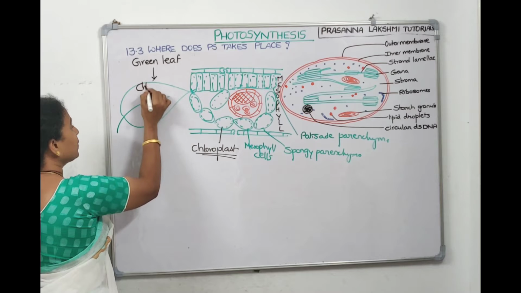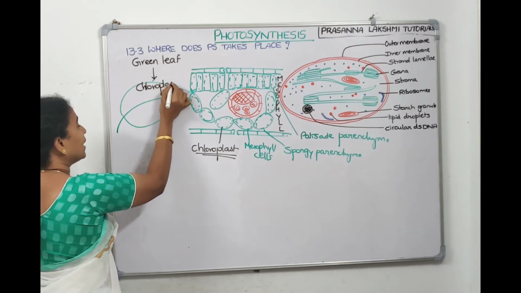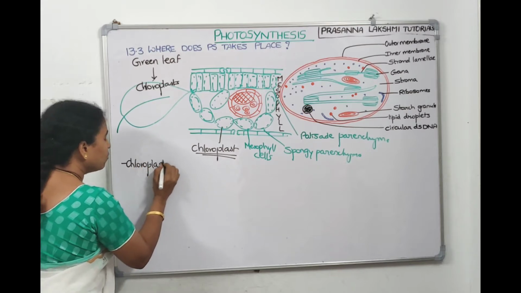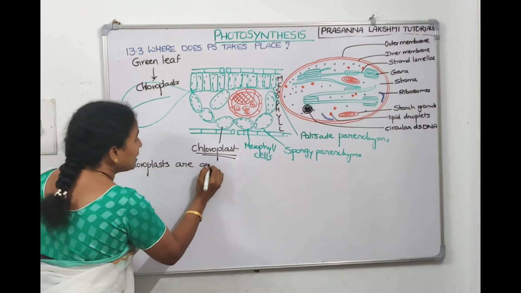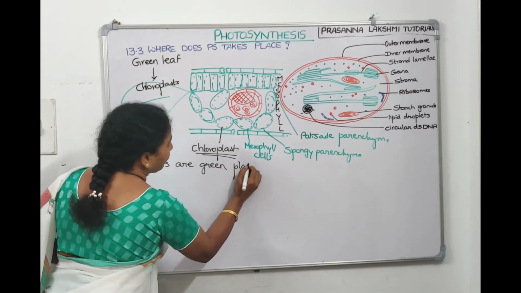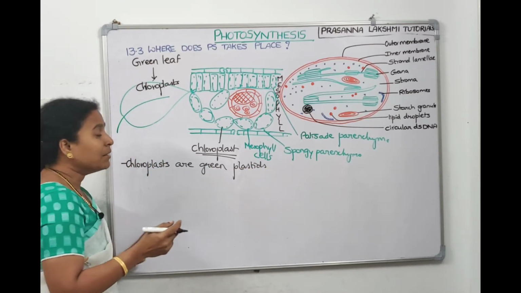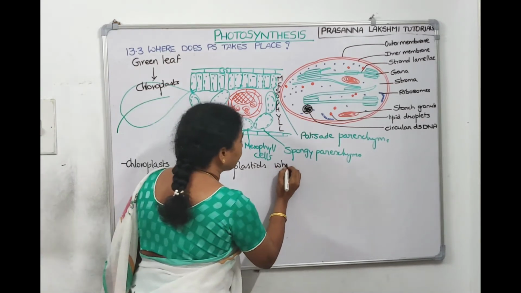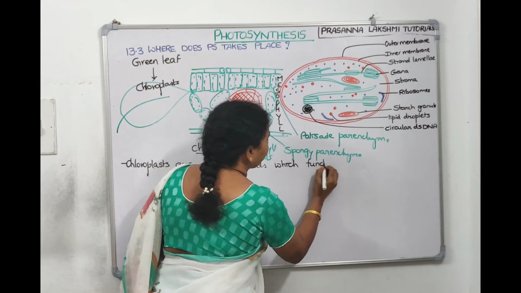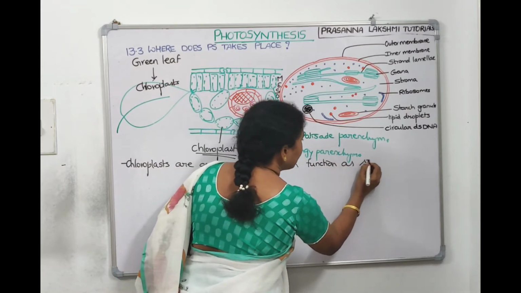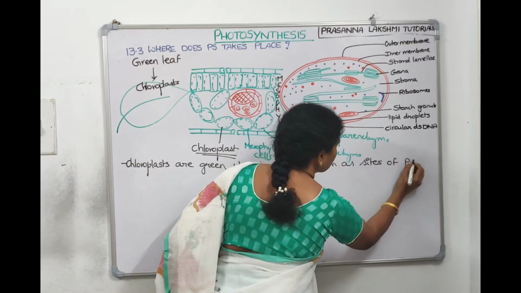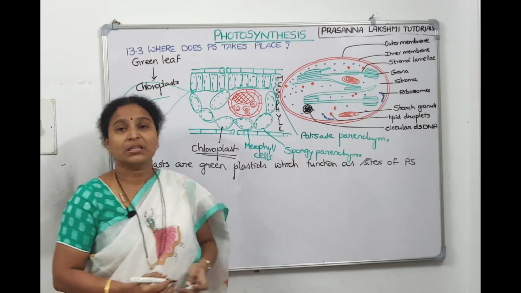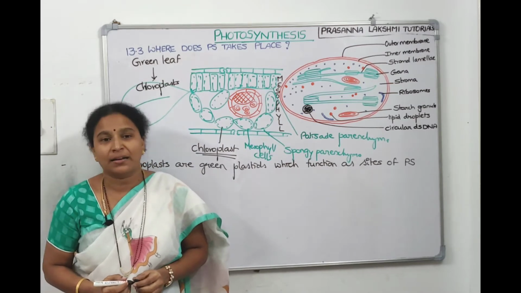The green leaf contains chloroplasts, and chloroplasts are green plastids which function as the sites of photosynthesis. This is the structure. When we enlarge it, this is the picture. This is the area where photosynthesis will occur, right?